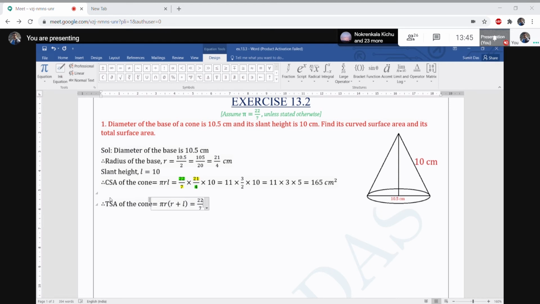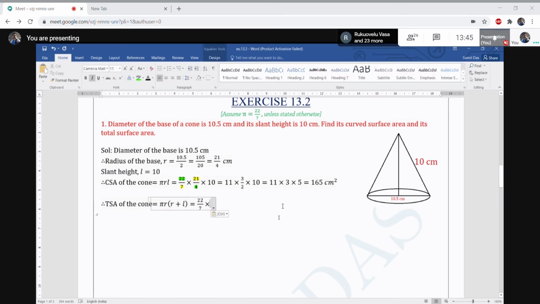22 by 7, then the r value 21 by 4, then inside the bracket 21 by 4 plus L, which is 10. If you simplify this one, first the 7 cancels, and 4 and 22 will cancel, so it will be 11 into 3 by 2.